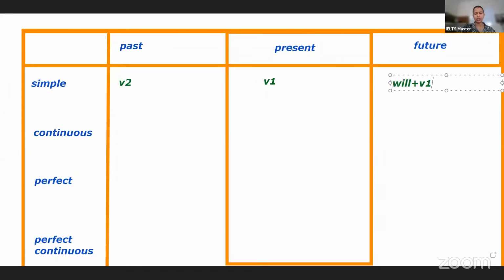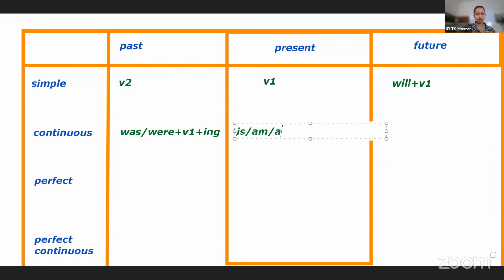If I say continuous, in continuous, we always use in past was, were plus gerund. Gerund means verb 1 plus ing. In present, we use is, am, are, be form, along with gerund. When we talk about future continuous, we use will be plus gerund.